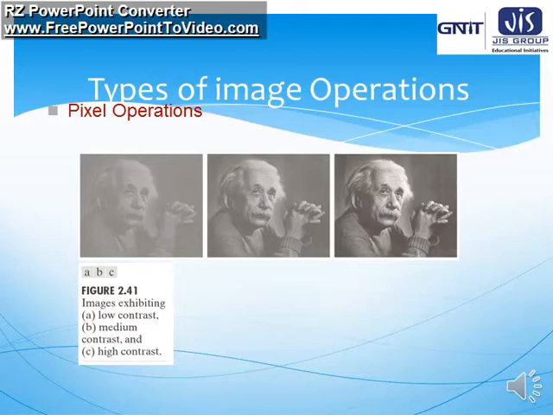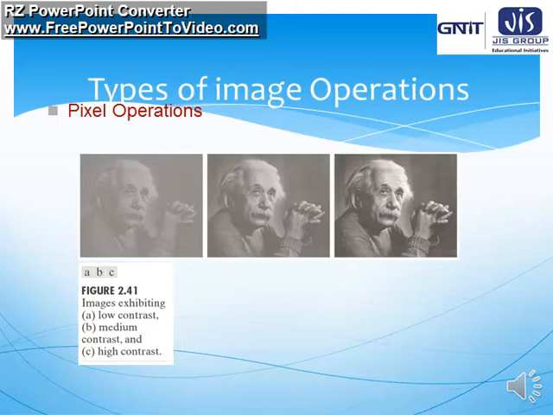Now we will see different examples of types of image operations. This is the pixel operation, where we can see three figures where the contrast has been either enhanced or decreased. The first image is an example of a low contrast image, the second one is medium contrast, and the last one is high contrast.